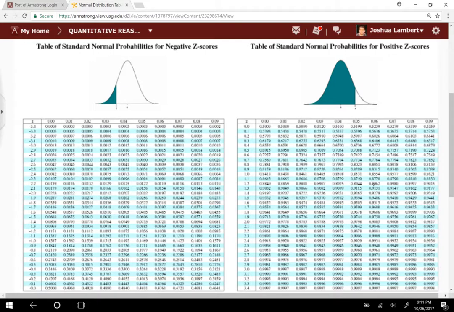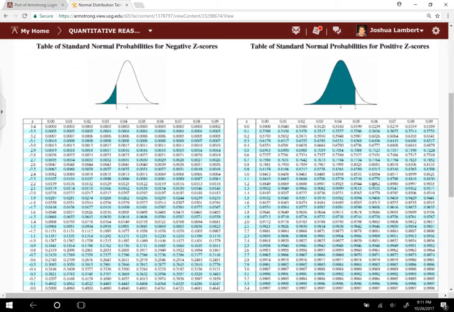So first off, 0.81. Here's 0.8 if you look on this right-hand table. And then 0.80 is that first number. But that doesn't matter as much as the 0.81 is 0.7910. Remember, that's this area to the left, essentially, in our normal distribution.